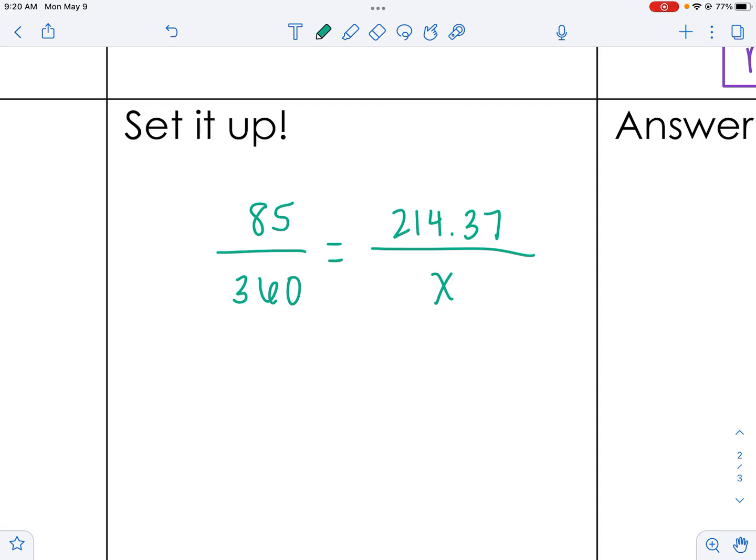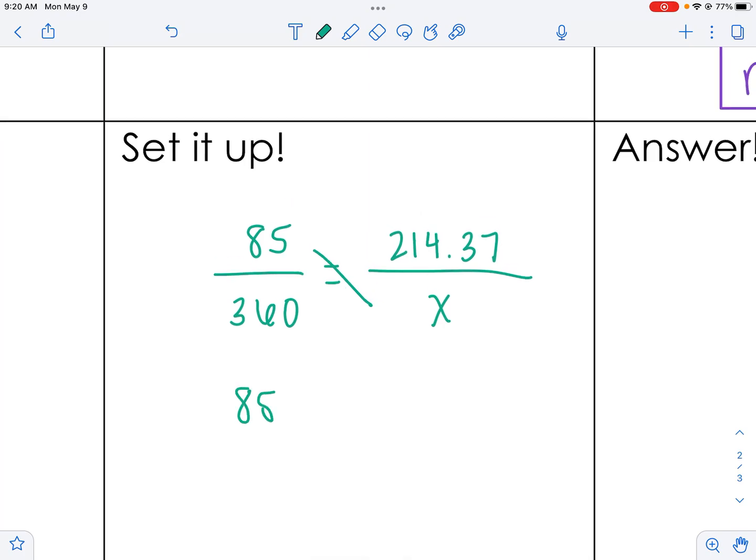So from here, we're just going to go ahead and cross multiply. So 85 times x would just be 85x. And then when I cross multiply the other way, I'm going to get a fairly big number. So 360 times 214.37 would be 77,173.2.